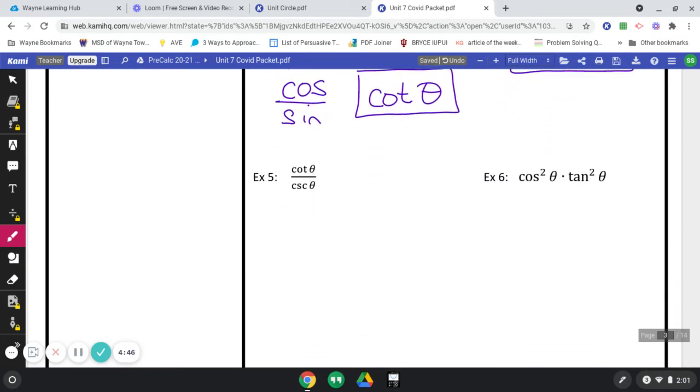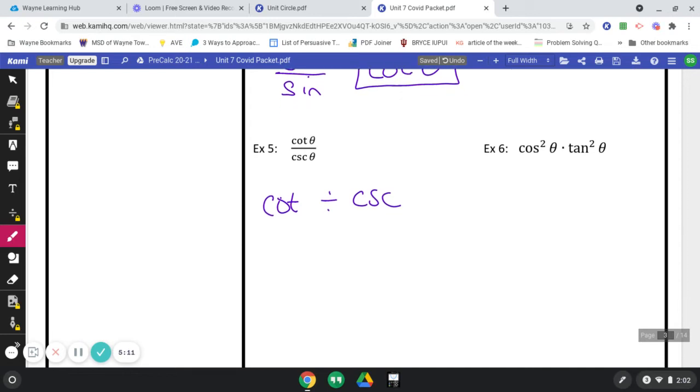For example 5 and 6, for just example number 5, you can see you're dividing. And because cotangent and cosecant are both going to be fractions themselves, we're going to write this as cotangent divided by cosecant. So we're going to write them next to each other instead of one on top of the other. All right, I'll turn those into fractions now.